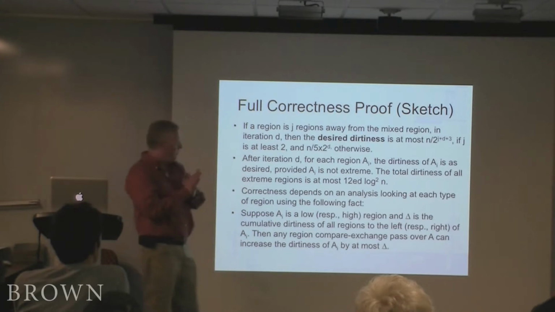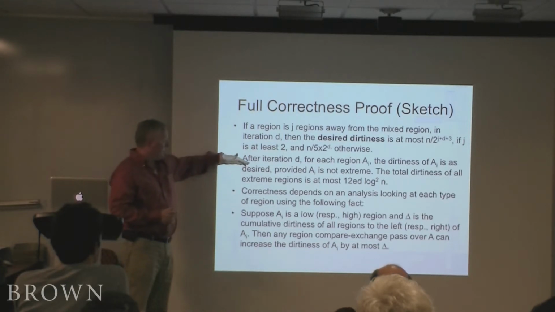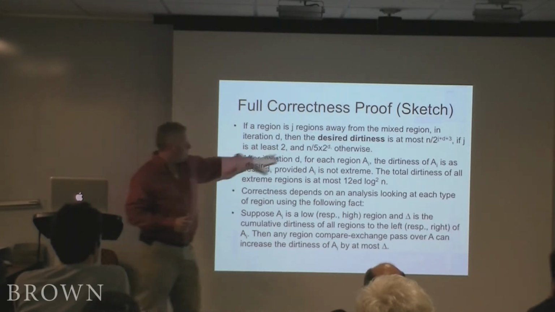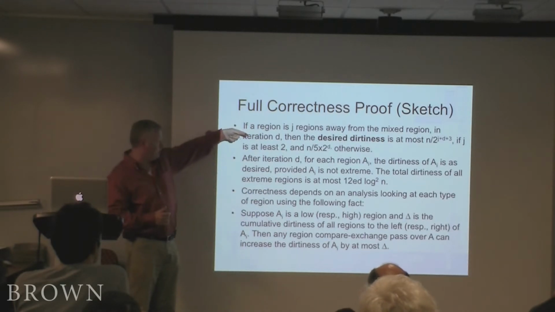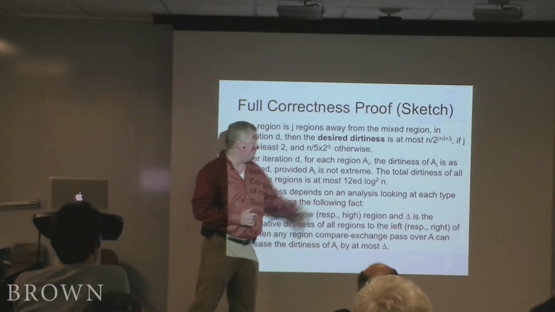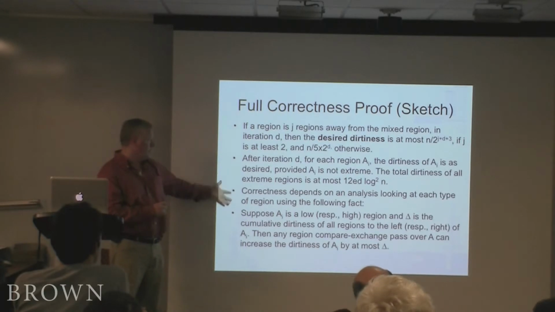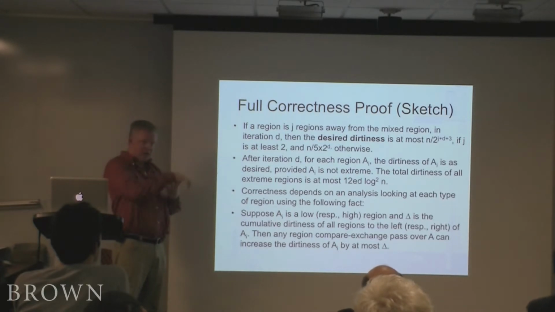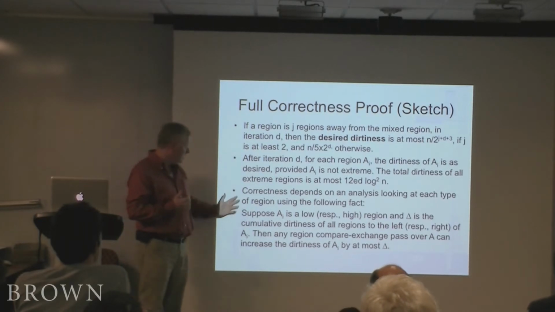So this is just a little bit better than what you get from just looking at the size. What I show is that after iteration d, for each region i, the dirtiness of a_i is as desired according to the invariant, and that the total dirtiness of all the extreme regions is at most order log squared n. Then you just have to look at each type of region and apply the appropriate lemma each time. This is where it starts to get pretty technical.